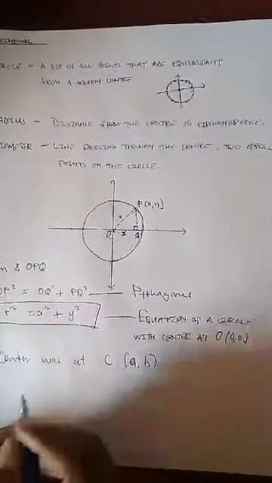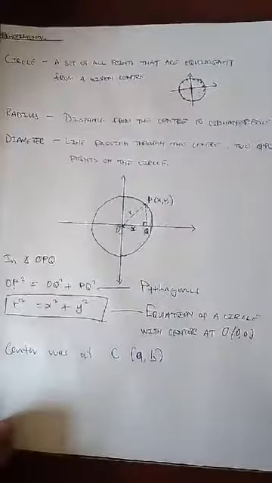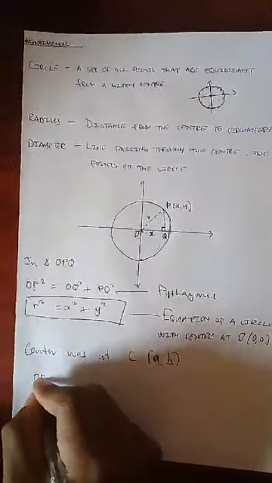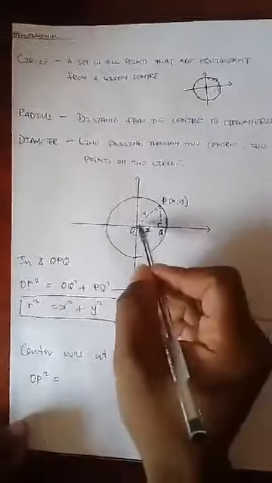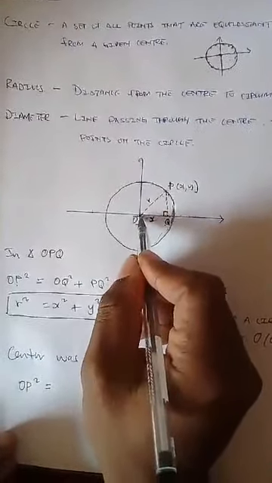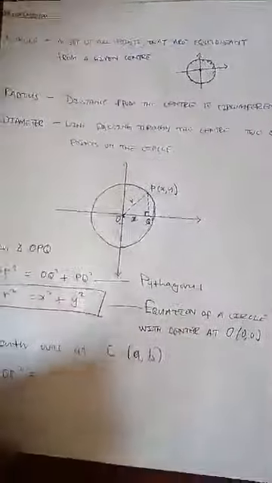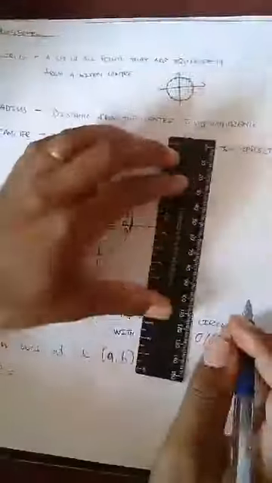So what you would have would be, again, OP squared, right? And here, that point is no longer 0, but now, perhaps I should draw another circle quickly.